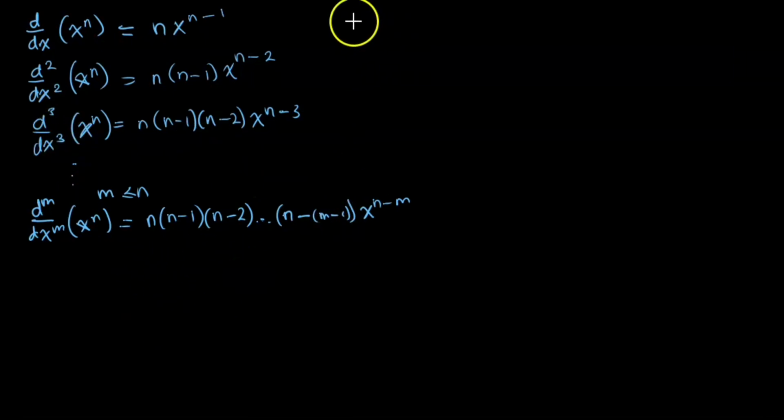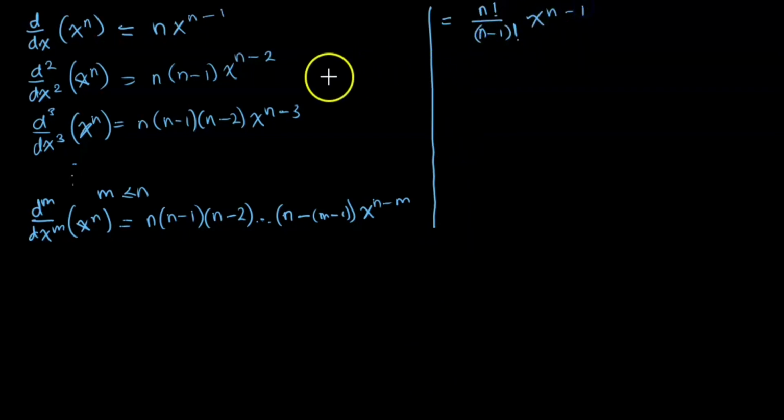Okay, for each of these, we can rewrite each of these using factorial notations. So for the first one, n is the same thing as n factorial divided by n minus 1 factorial. That is the coefficient. Then we write x raised to the power of n minus 1. Should really be helpful. Then for the second one, this is going to be, well, notice it's n into n minus 1.